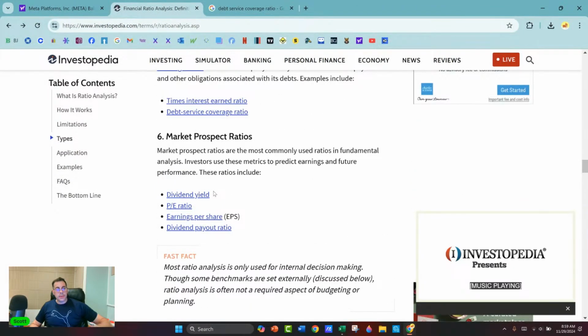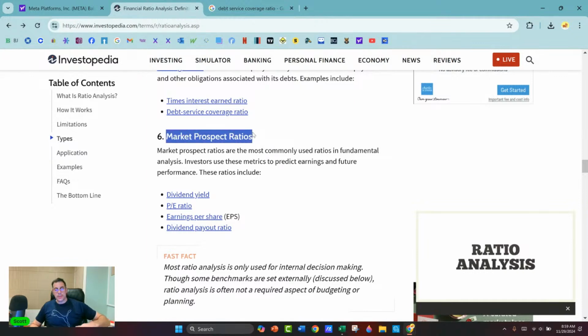Okay, dividend yield, that's a good one. Market prospect ratios.